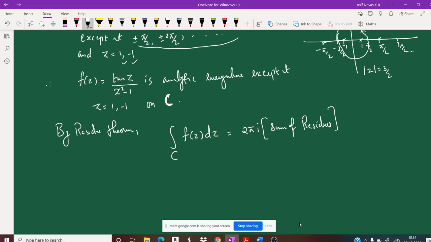So how many singular points are there? 1 and minus 1. So we want to find the residue at 1 and the residue at minus 1. That is equal to 2 pi i times the residue of f of z at z equal to 1 plus the residue at z equal to minus 1.